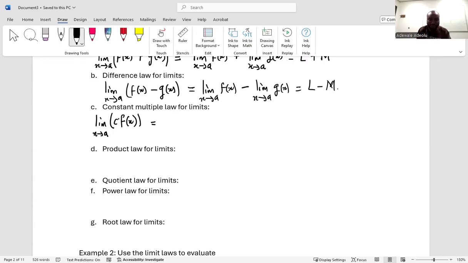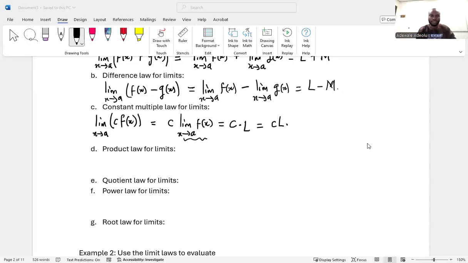Then it becomes c times the limit as x goes to a of f of x. Look at what I've done. I move the limit to the function and I bring the constant out. So this is c times, recall that this is L. So that is cL.